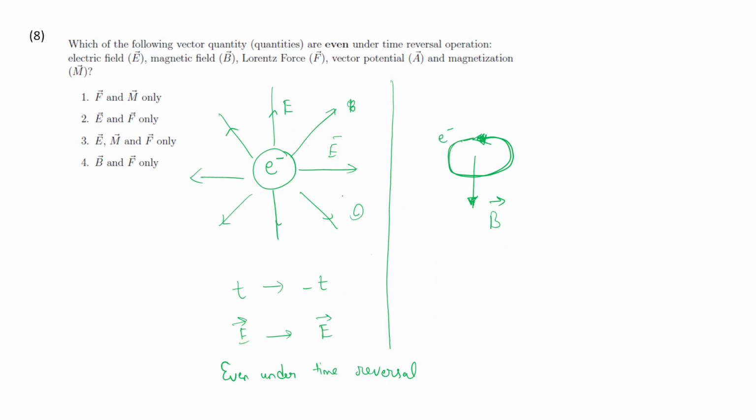Now if this is at some time t, when you take t to minus t, the electron will start moving the other way, and the magnetic field will be along the opposite direction. So if it is B, the magnetic field went to minus B.